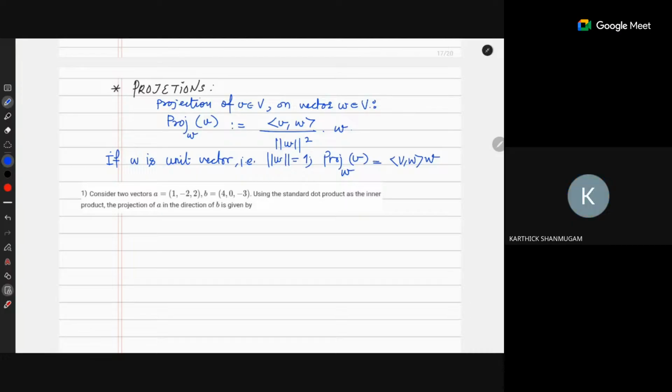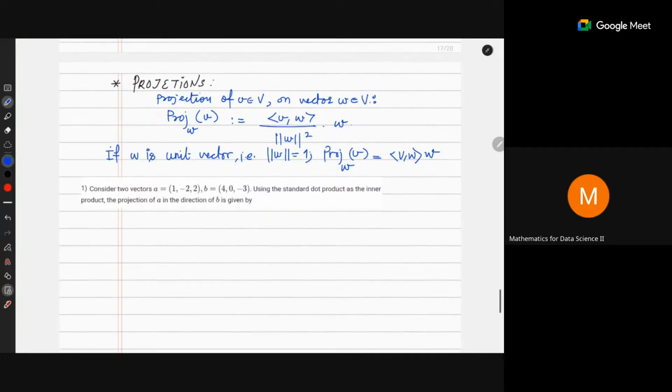Even if they give a non-unit vector, we can convert it into a unit vector by dividing by its norm. It would be the same, because you will have w by norm of w in both places, and since the norm is squared, it won't matter.